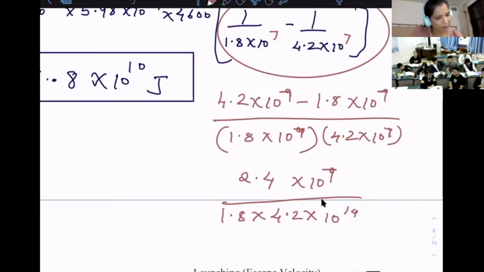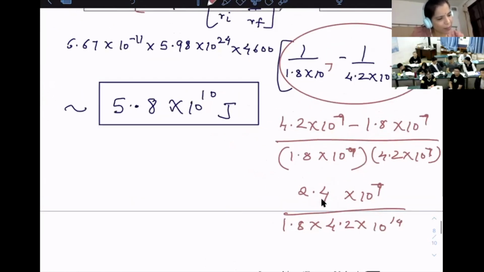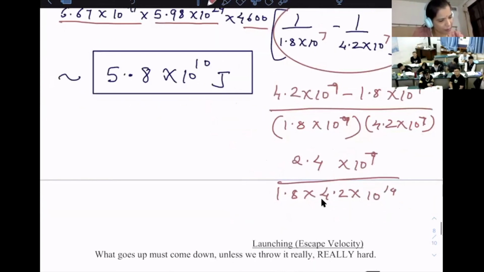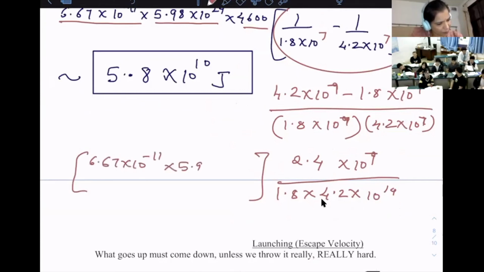So this is just the fractional part. You have to multiply this value, this m value, and this m value here. Are you okay with the numbers or do you still have some confusion? So this part is the final answer.